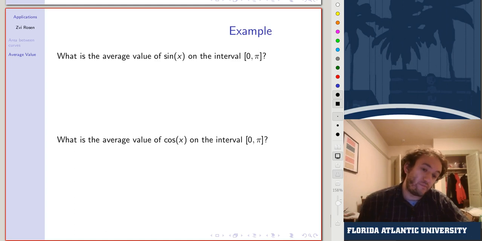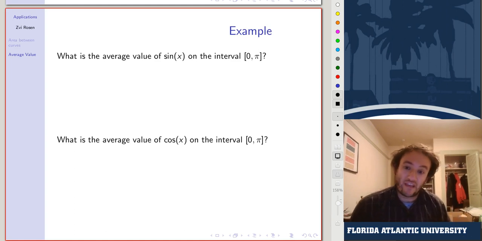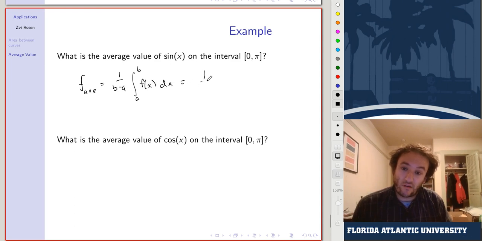Now let's do some examples. What is the average value of sine x on the interval 0 to pi? It's straightforward to plug this into the formula. We have f average equals 1 over b minus a times the integral from a to b of f of x dx. For us, this is 1 over pi times the integral from 0 to pi of sine x dx.